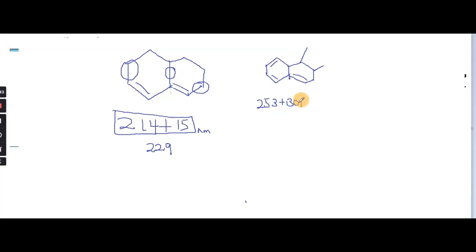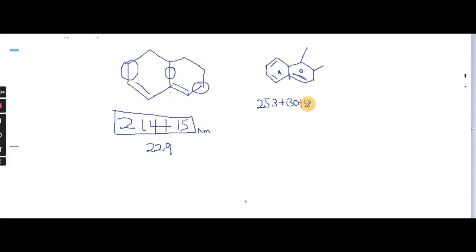The next, we can see an exocyclic double bond. This double bond here is exocyclic to this ring. So if here's ring A and this ring B, this double bond is exocyclic to ring A. So we add plus 5.